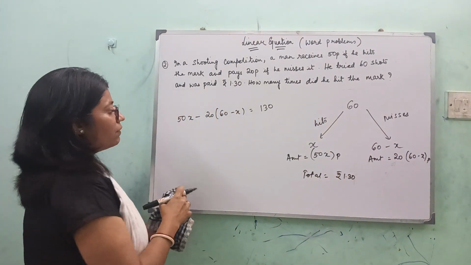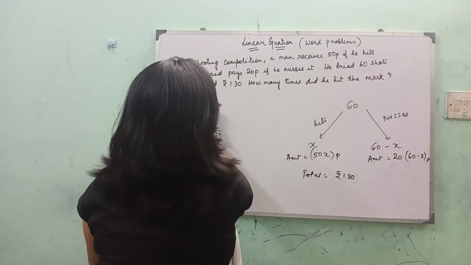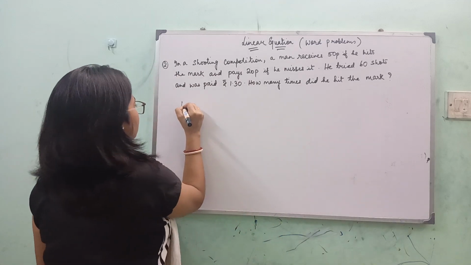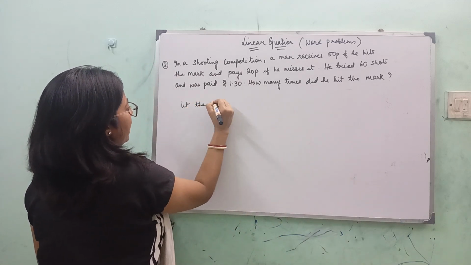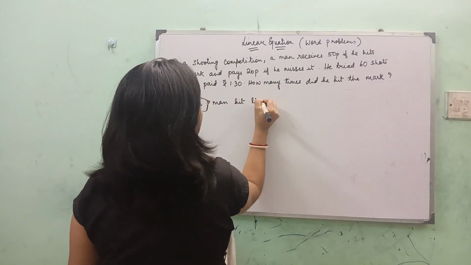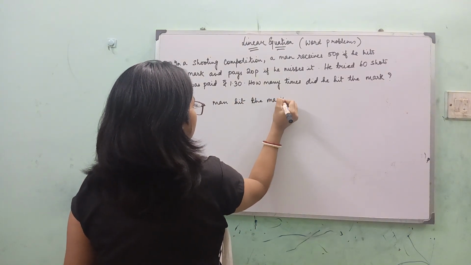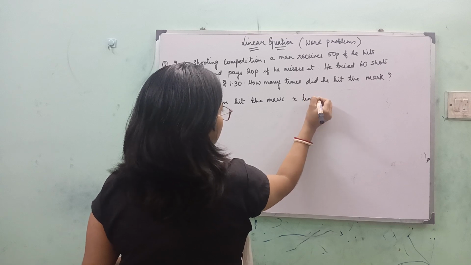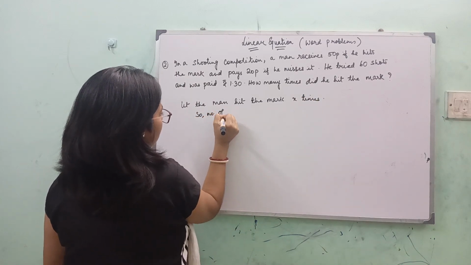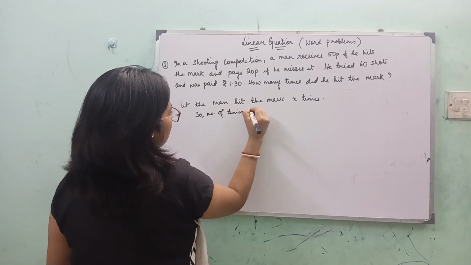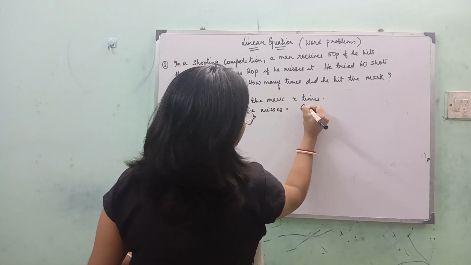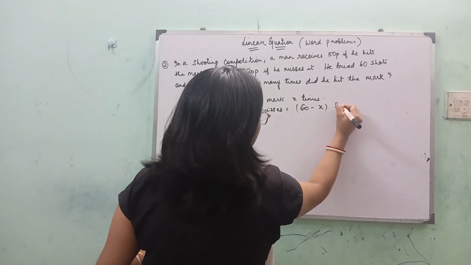So when you are writing the sum, let the man hit the mark x times. So the number of times he misses will be 60 minus x times.